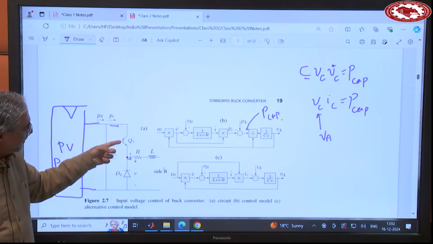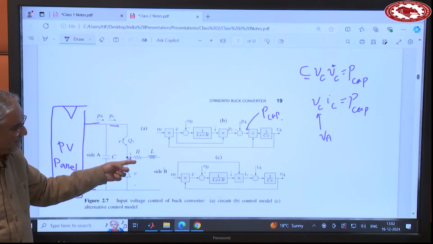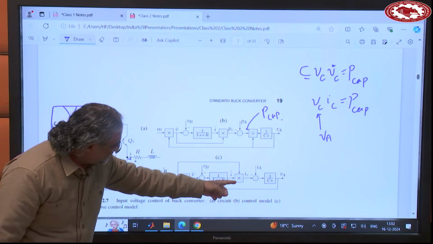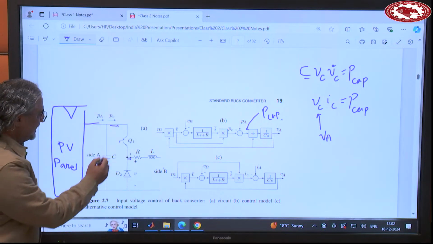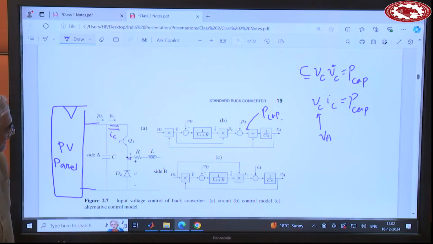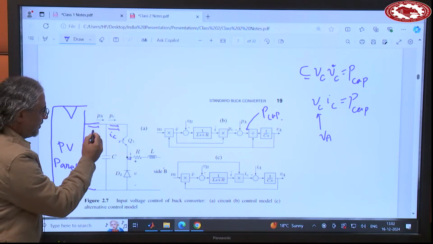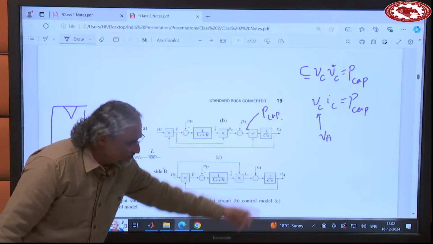So when the switch is on, this current is equal to this one. So this multiplication basically says I bar into M is this current, IC. And now IC minus IA, this is the current coming from the panel. Integrate that one, it gives you the voltage of the capacitor.